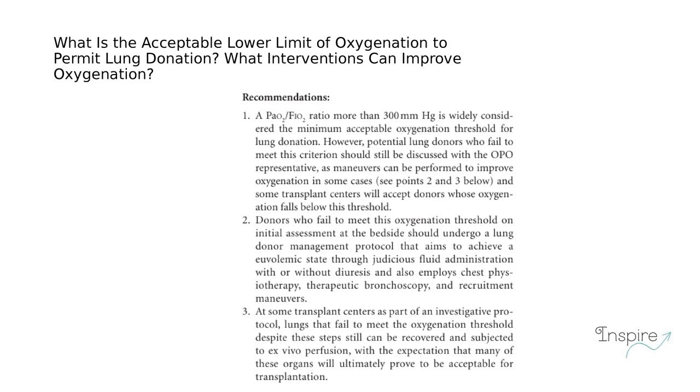And at some transplant centers, as part of an investigative protocol, lungs that fail may be subjected to ex vivo perfusion. We'll have Donna talk about that a little bit in a minute, with the expectation that many of these organs will ultimately prove to be acceptable for transplantation at some point in time.